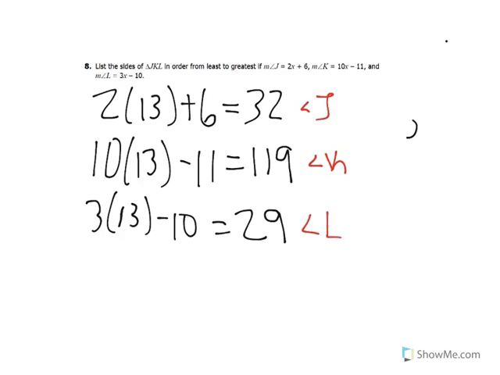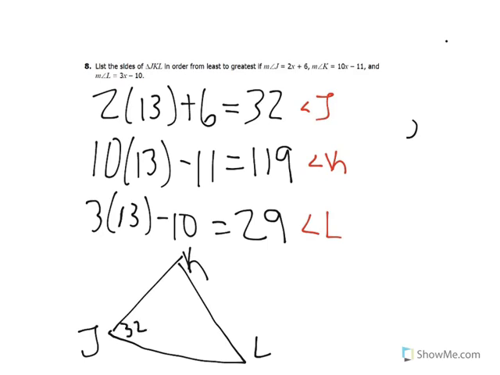If you draw a triangle, J, K, L, 32, 119, 29. Now remember, the largest angle is across from the largest side, so we're going to use that to order our sides.